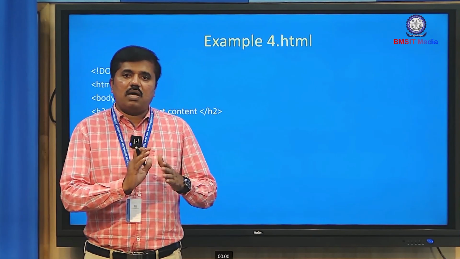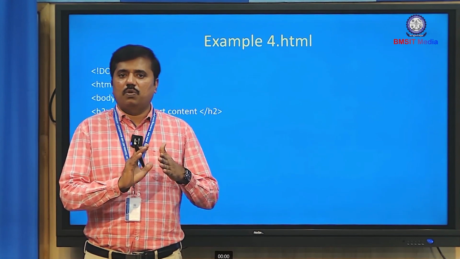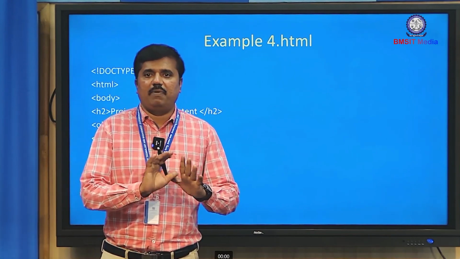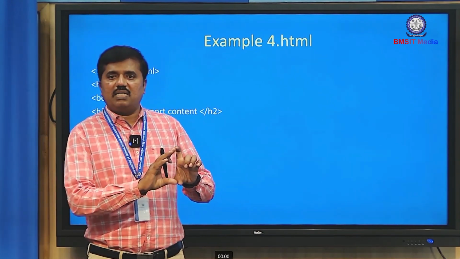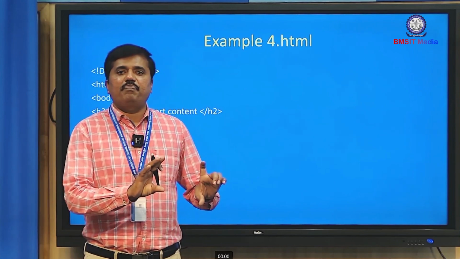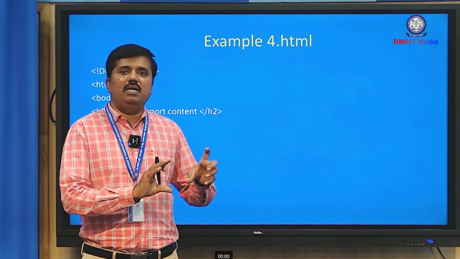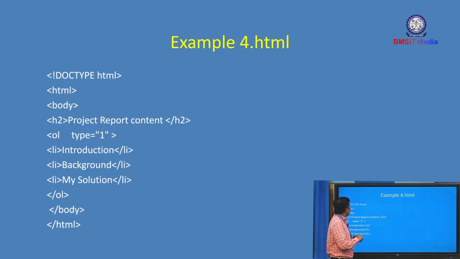Based on this, let's take one more HTML code, example4.html. In this code, I am going to display a project report content in a 1, 2, 3 listed format. To create such a web page, what code do you need to write?